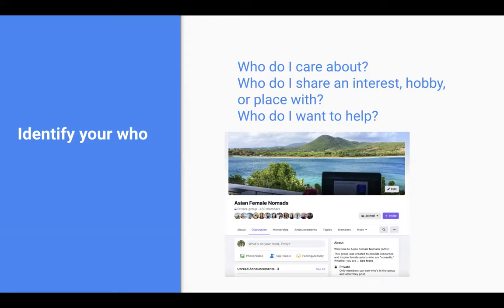So we came up with 3 different qualifications, which is basically you're Asian, you're female, or you're a nomad. So you can at least pick 2 out of the 3. And we came up with this because we wanted something to link back to our cultural background. We wanted to empower women, and also I think nomad is broad enough to show that you like traveling, or you're moving around, perhaps you have a home base, or you actually are a digital nomad in a different country.